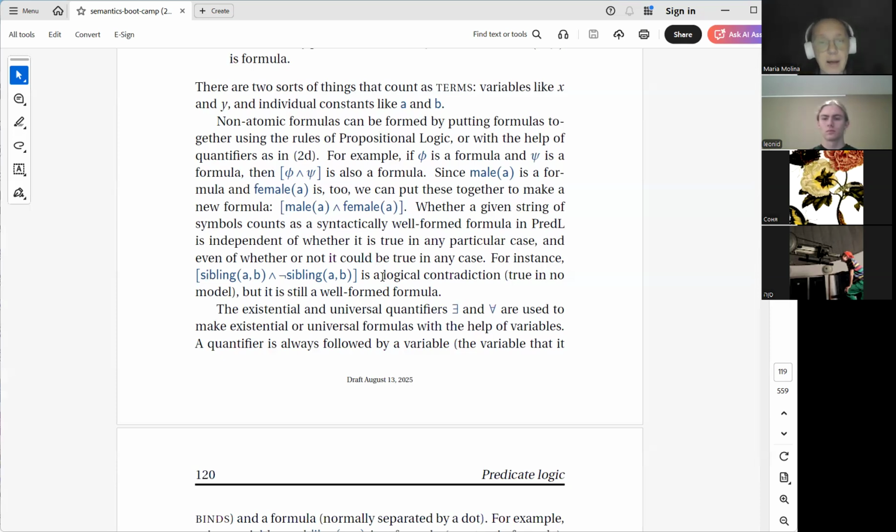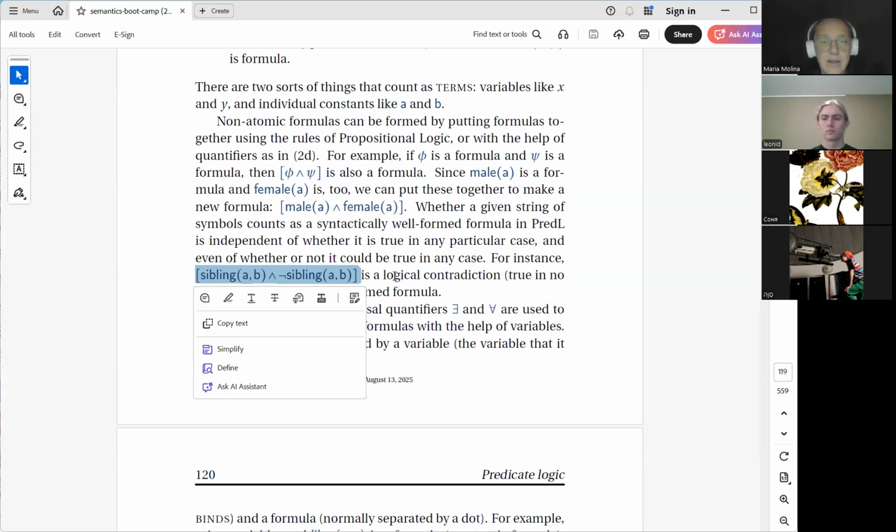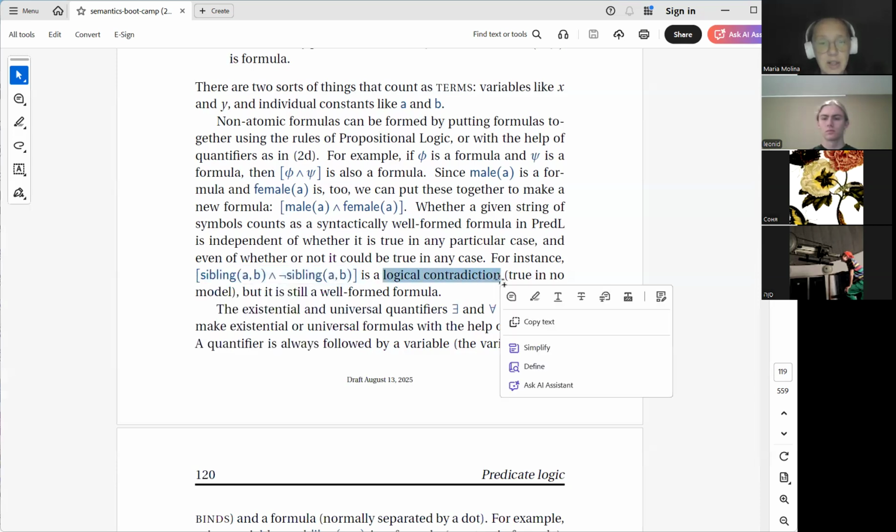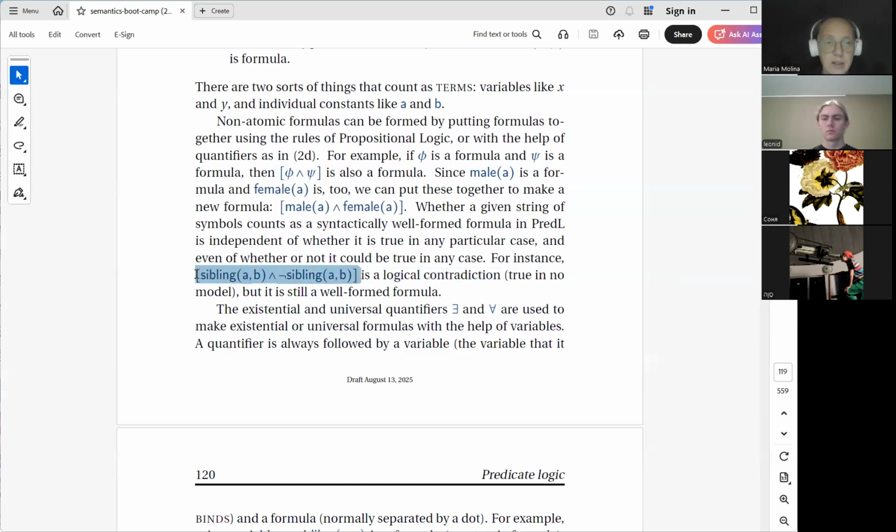And it is funny that this thing is a logical contradiction that renders true in no model. Yeah, we discussed contradictions recently.